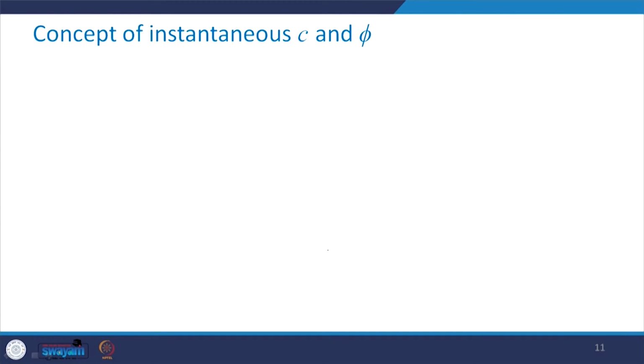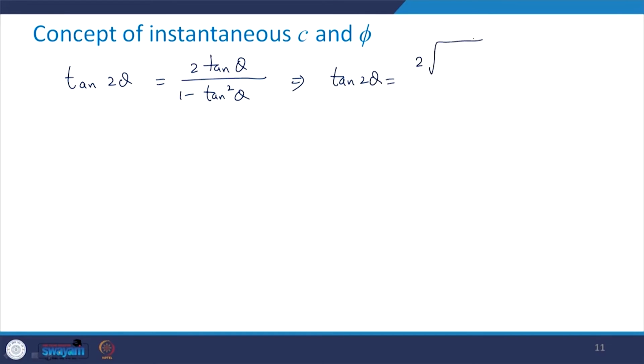You all know that tan 2 theta can be written in this form as 2 tan theta divided by 1 minus tan square theta. So if you compare this equation with what we had, in this case we had tan of 2 theta is equal to 2 square root of del sigma 1/del sigma 3 divided by 1 minus square root of del sigma 1/del sigma 3 whole square.